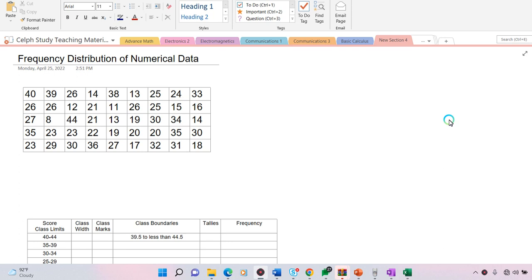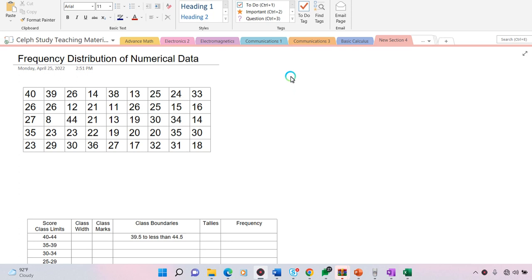So if you could see, we have here the frequency distribution of numerical data. Numerical data are usually presented in non-overlapping classes or specific intervals. If you have already been through your Gen Math subject in senior high school, then you are already familiar with this one.